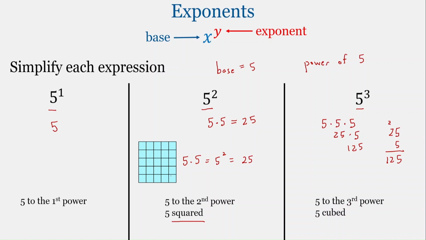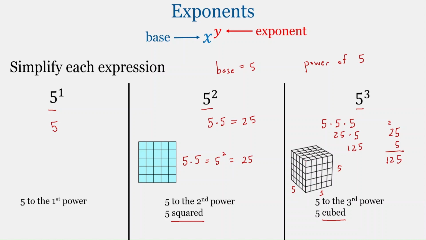And when something is raised to the third power, we often call that cubed. Now, instead of a 5 by 5 square, we have a 5 by 5 by 5 cube. This is composed of small cubes.